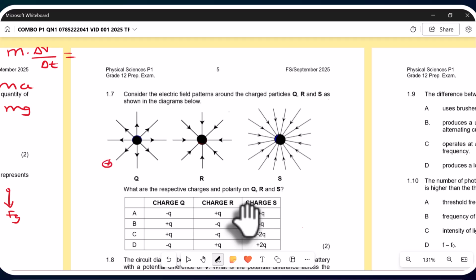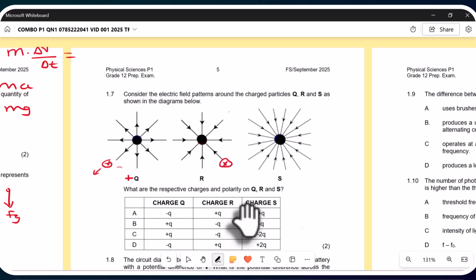So if you look at our S and R, although they are both negative, we have got more lines here, and here they are less, which means that the charge on R and S are not equal. So the charge on S must be bigger than the charge on R. If you count all these, if this is 1, 2, 3, 4, 5, 6, 7, 8.